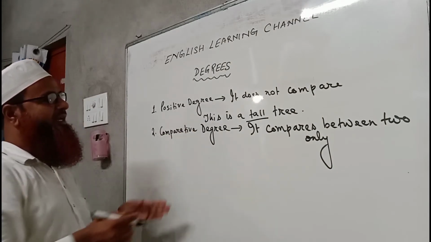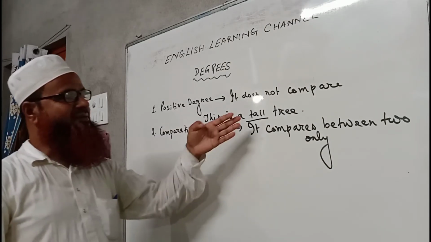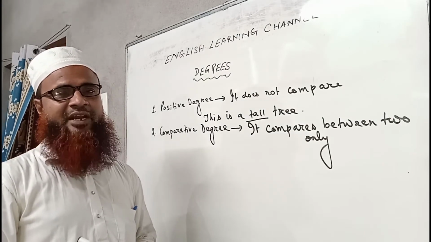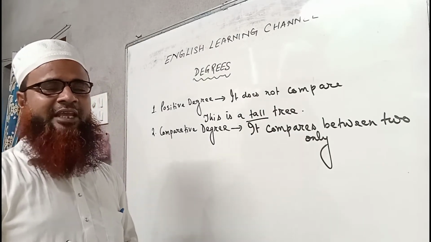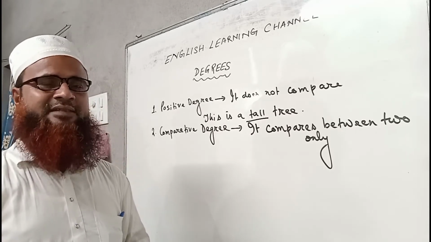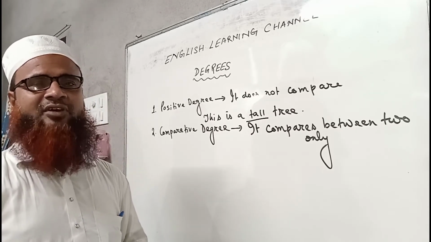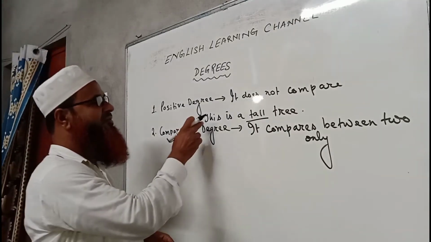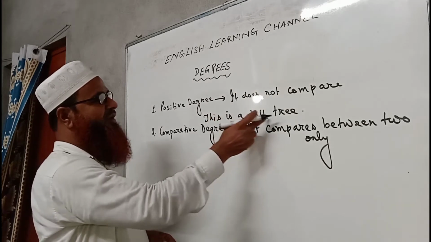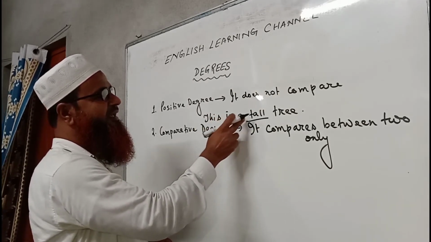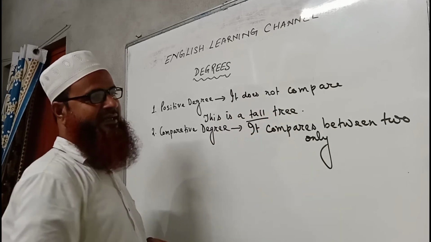Now we can write this sentence by using taller. When we use taller, then it will be a comparative degree, and in comparative degree we always use than, T-H-A-N. To make comparison we always use than. So instead of this is a tall tree, we may write this tree is taller than that tree.